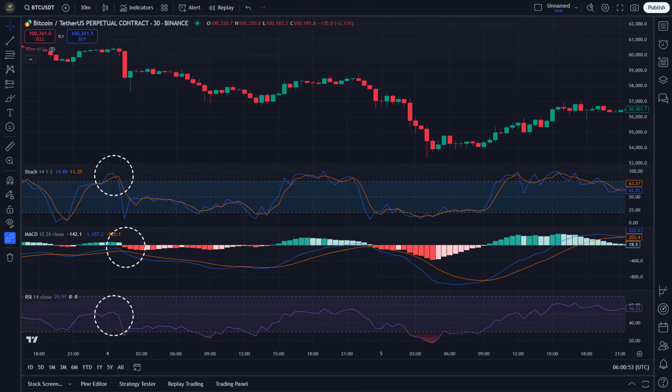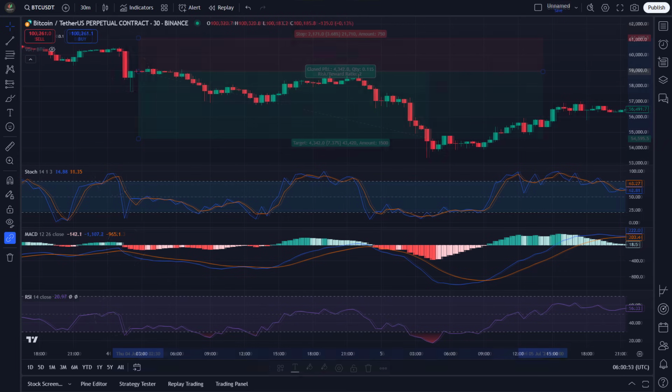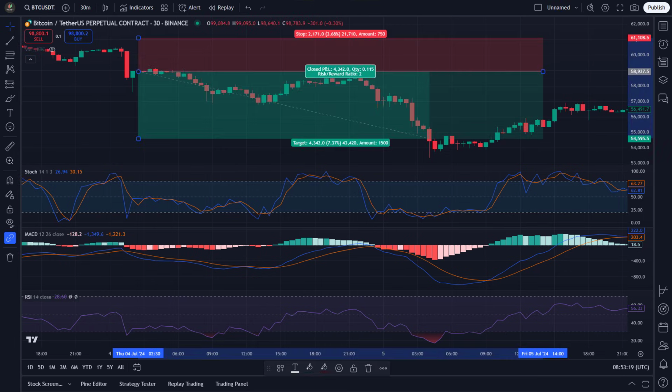Once all three conditions are satisfied, we take a short position on the following candlestick. Then, we manage risk by setting a stop loss using the ATR indicator and aim for a take profit with a 2-to-1 risk-to-reward ratio. And just like that, here's an example of a successful short trade.